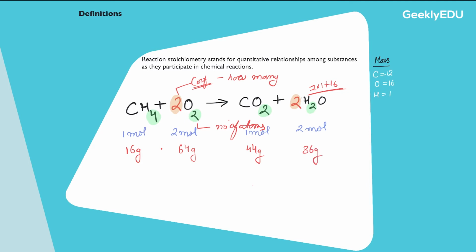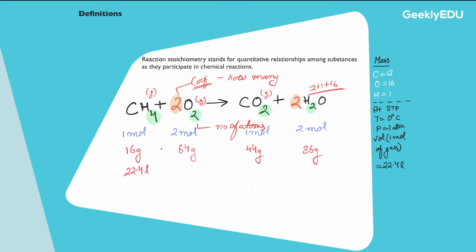Now, a majority of the reactants here are gases, right? So generally you'll find a small g written next to the reactants or the products that are gases. At standard temperature and pressure, 1 mole of any gas occupies 22.4 liters.